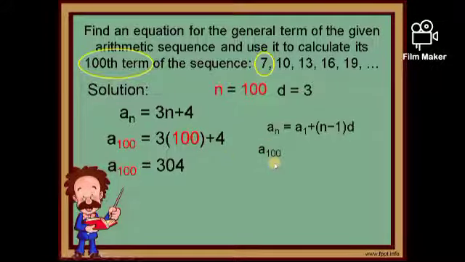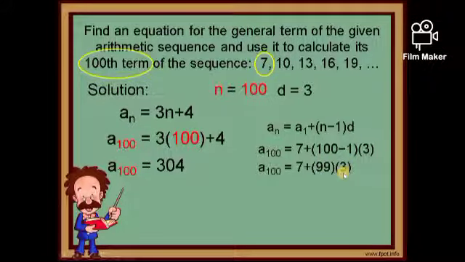So we have a sub 100, or the 100th term, equals a sub 1, which becomes 7, plus n, which becomes 100, minus 1, times d, which becomes 3. Now simplify. a sub 100 equals 7 plus 99, since 100 minus 1 is 99, times 3.